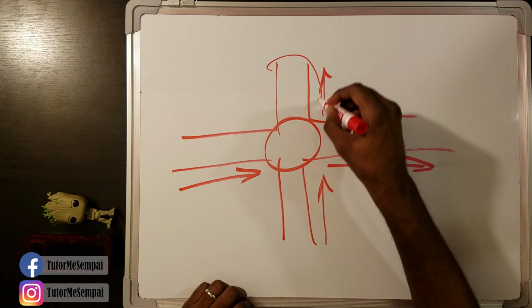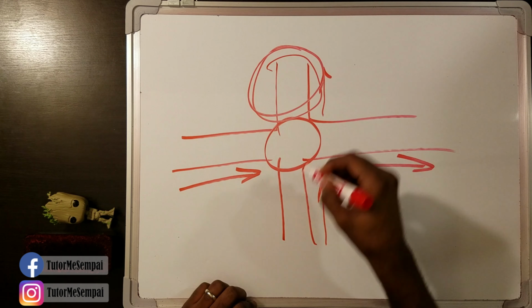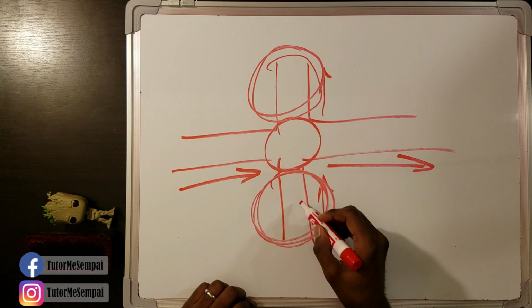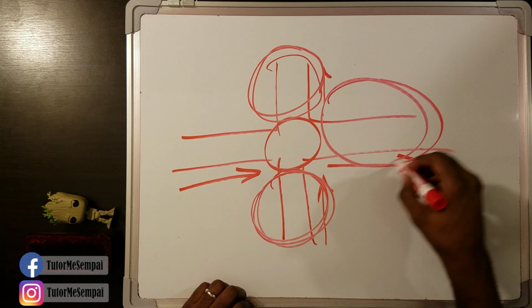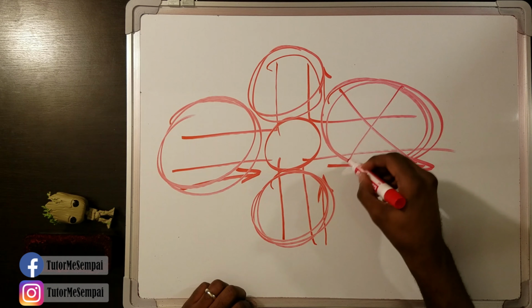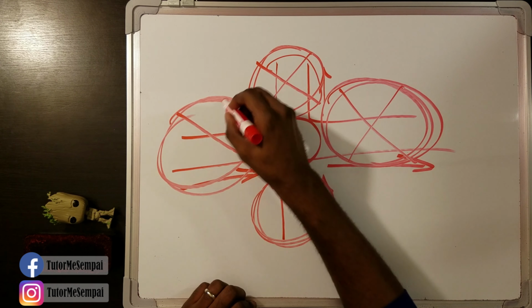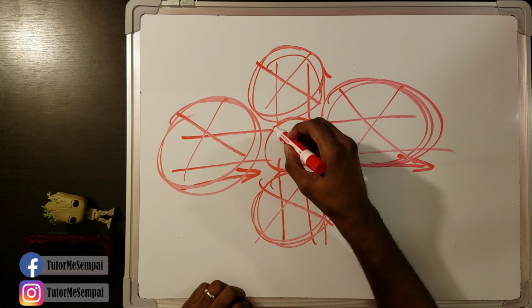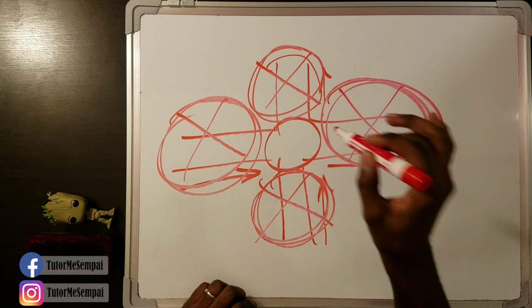Now up here and down here, these are not in common with this part of this street and this part of this street. The only thing that they have in common is this section of street right here where they intersect.